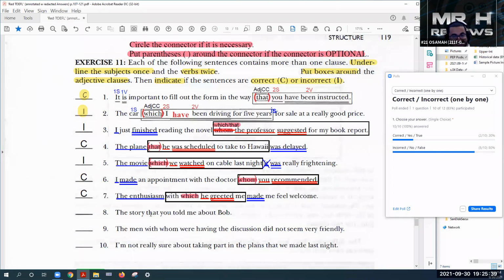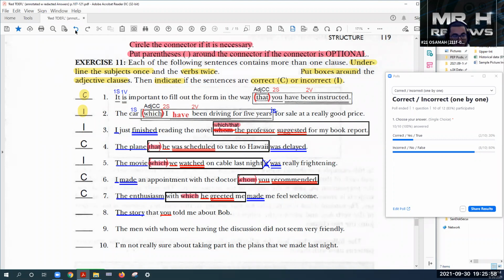Okay. So let me just quickly go through 8, 9, and 10, okay? So what do you think, guys? Correct, incorrect, number 8? Incorrect. We have a subject. First subject.